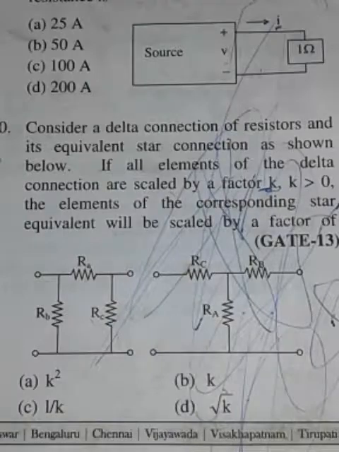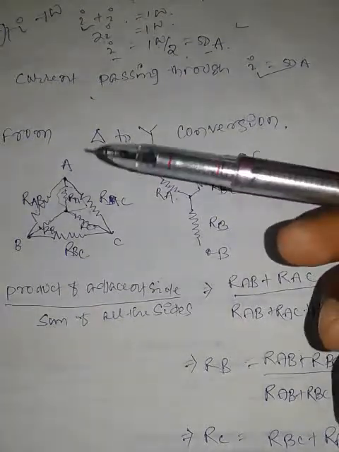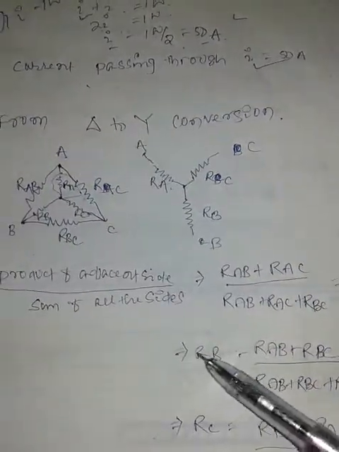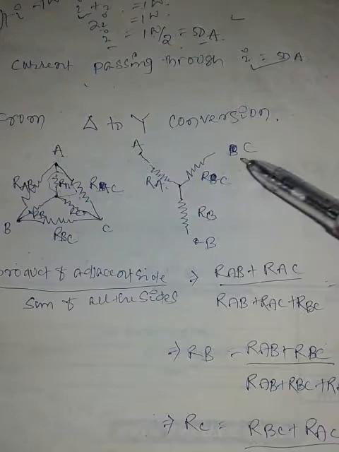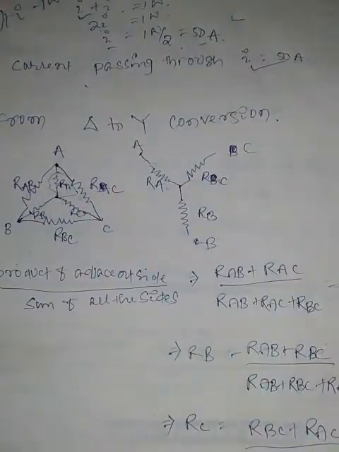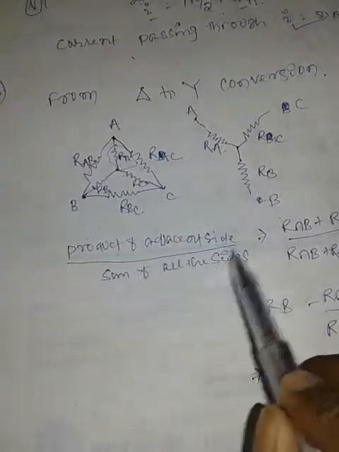So this is a delta to star connection system. When we convert from delta to star, with A, B, C as the three terminals and RA, RB, RC the star resistances, the normal formula is the product of the adjacent sides divided by the sum of all the sides.